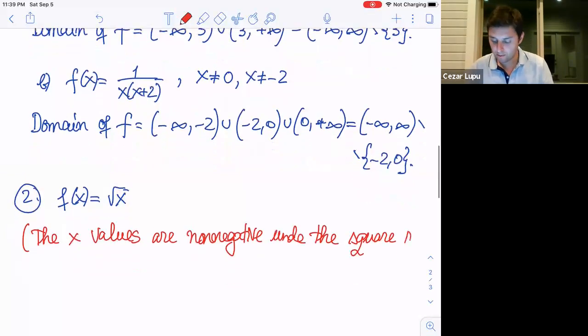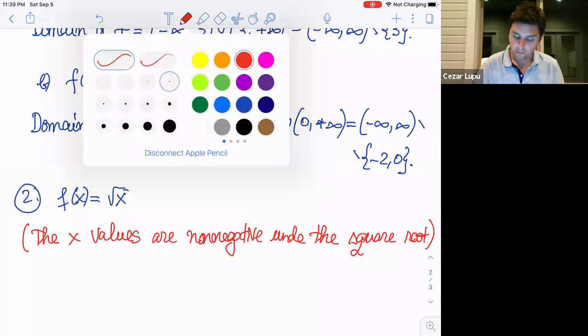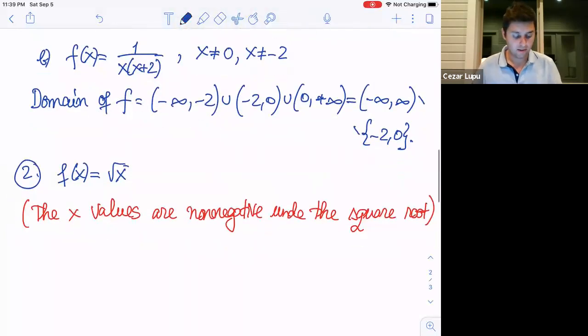In other words, let's translate this. This means that the domain restriction is that you cannot have negative values inside the square root, because we'd deal with complex numbers, right? And we don't want to deal with that. So we're dealing only with the real numbers. If you want to deal with the real numbers, the only option you have is that the values under the square root must be non-negative.